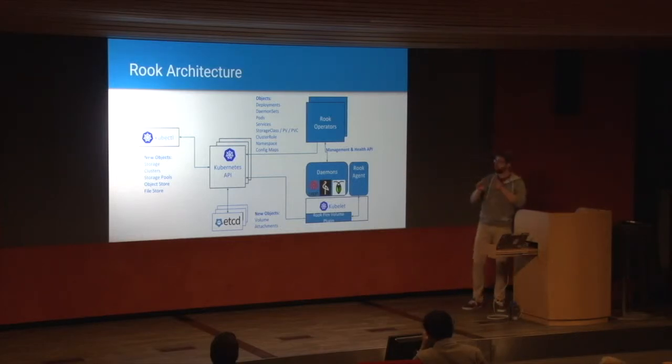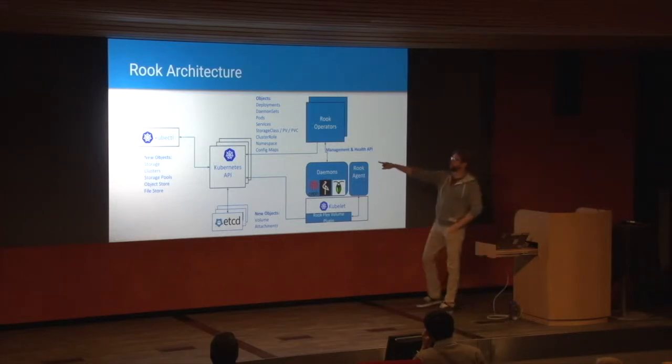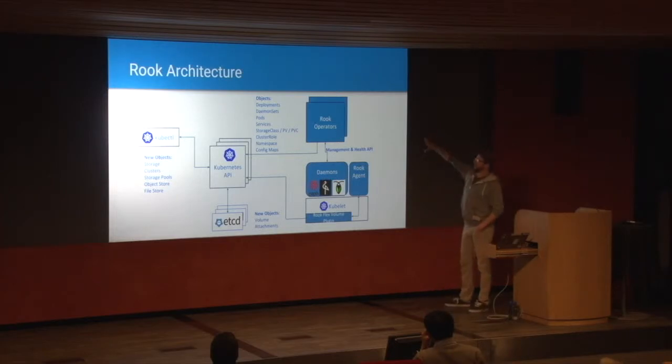You can kube control create a cluster, and that is the user expressing their desired state of, I want a storage cluster. Kube control talks to the Kubernetes API in the middle there, and most things are built around the Kubernetes API server, which of course persists everything to etcd underneath.